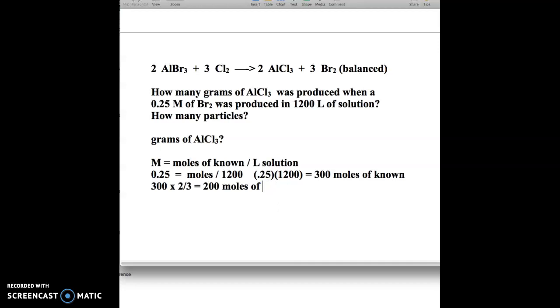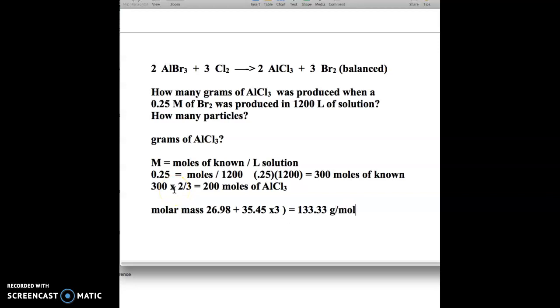And we know how to do the molar mass. Hopefully you know how to do the molar mass. You take your aluminum, which is 26.98 plus 35.45 times 3. That equals a total of 133.33 grams per mole.